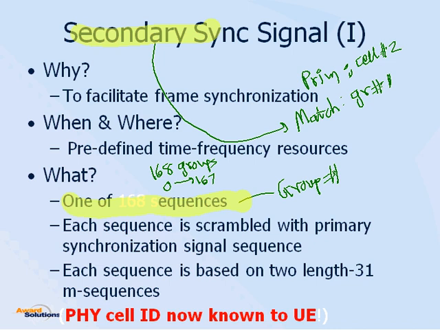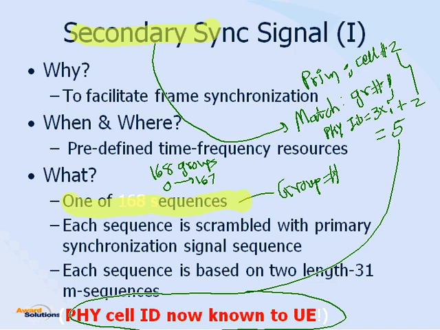Then my physical layer cell ID would be 3 times the group number 1 plus cell number 2. So I am in a cell that is number 5. Okay. So now the physical layer cell ID is known to the UE.